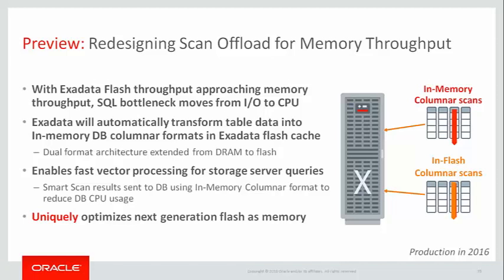We also transfer the same columnar memory to the database nodes to continue to offer the same optimization at the database layer. In short, this capability uniquely optimizes next generation flash as memory by redesigning the scan offload and providing memory level throughput.